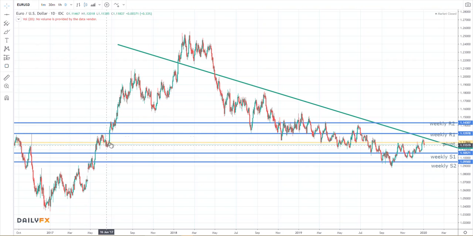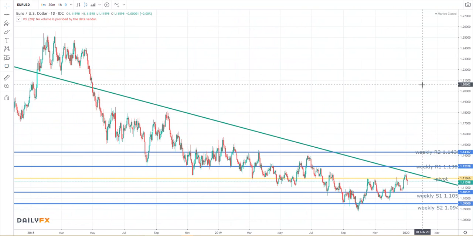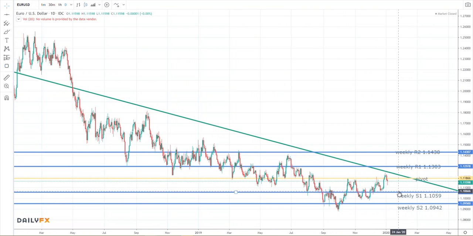We see 2017 levels. And this weekly R1 we see now about $1.13. That's still holding. That's a pretty important point. We see price touch that exactly in November of 2016, June of 2017, August of 2018, etc. So I'm looking to sell, and we see weekly S1 possibly all the way down to $10.59.